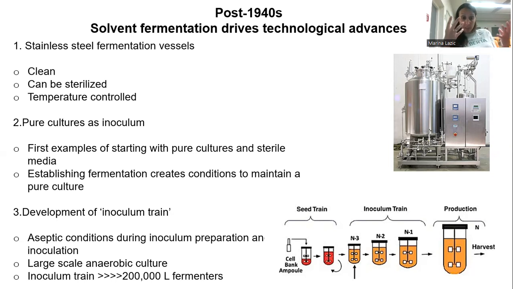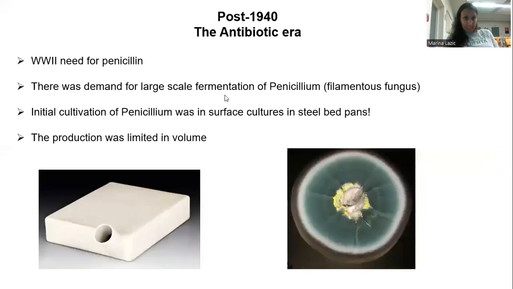And you have large-scale anaerobic culture, and in order to inoculate, you start from a smaller volume and go to the large. So you don't inoculate 5 mL into a 500 liter reactor. You have to start with an inoculum train. You go from small and then you go up. Again, we'll talk in detail in one of the next classes.